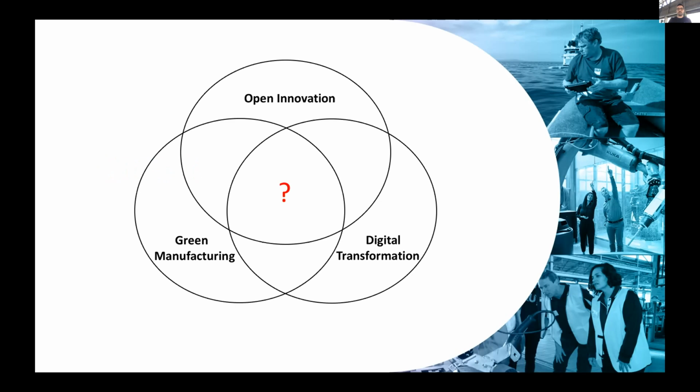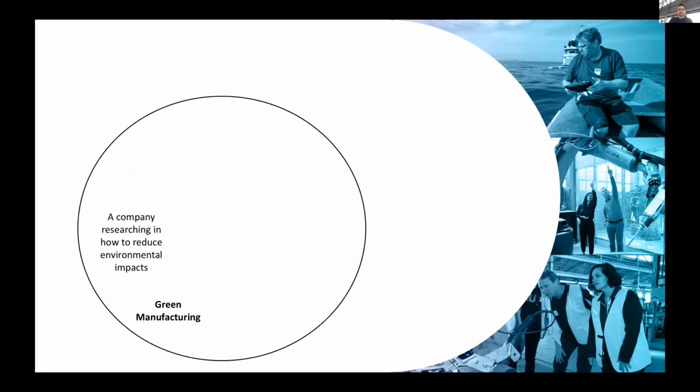So to have a better understanding of what we are doing, let's see this graphic. If a company is trying to integrate the green manufacturing principle into its production process, this company will be doing research on how to reduce environmental impacts.